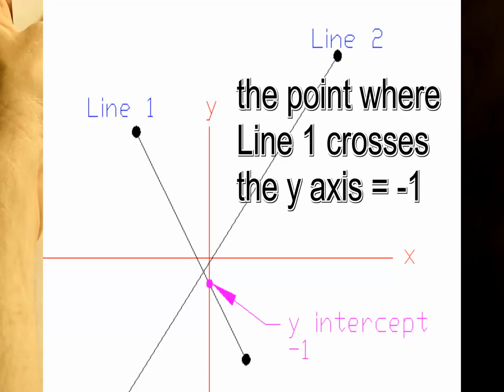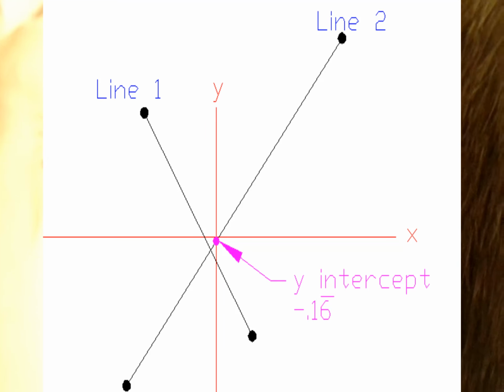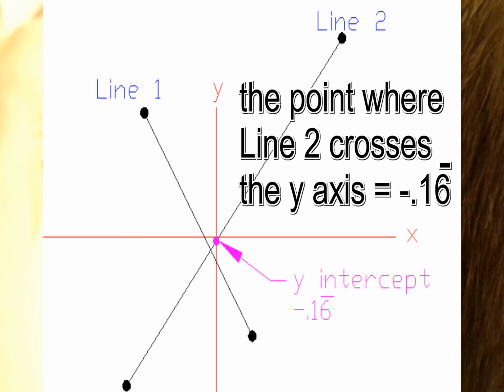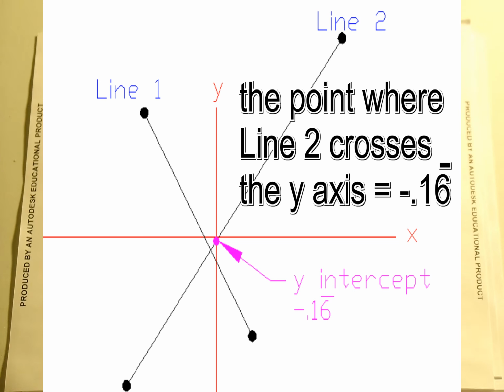You could see for line 1, as you see illustrated here, the crossing point is negative 1, so negative 1 is the y-intercept. And then for line 2, the y-intercept is negative 0.16 repeating, and you see it illustrated there, right on the y-axis.